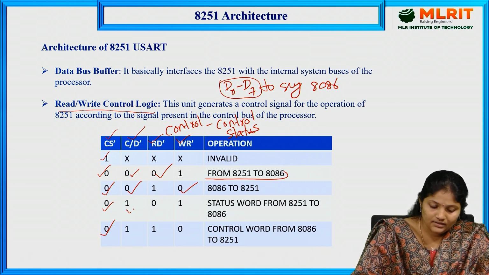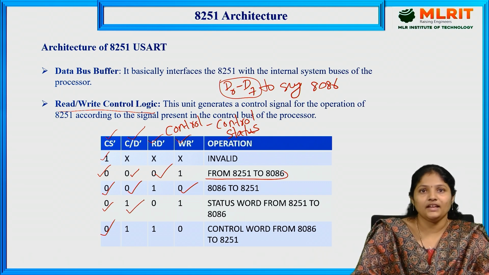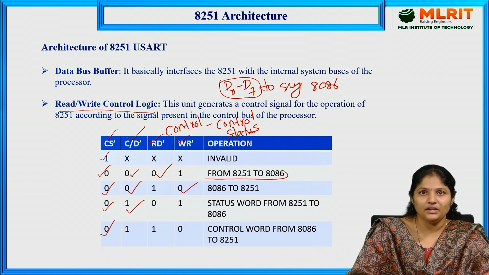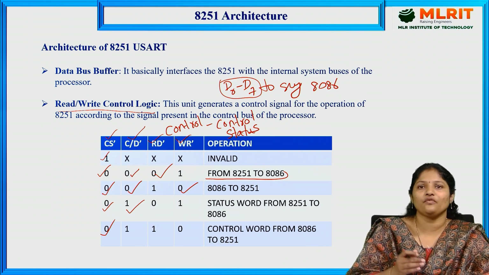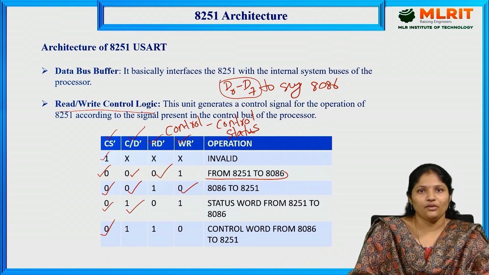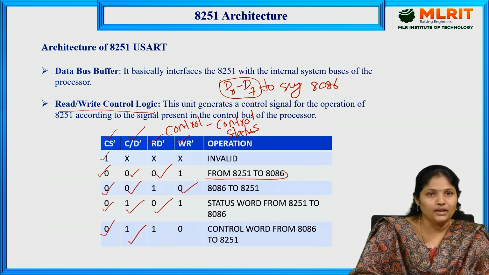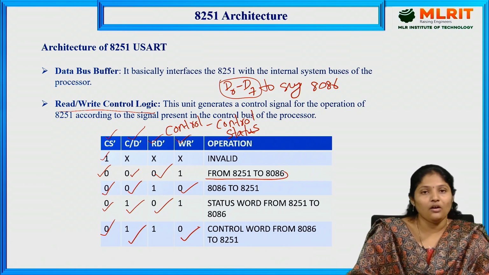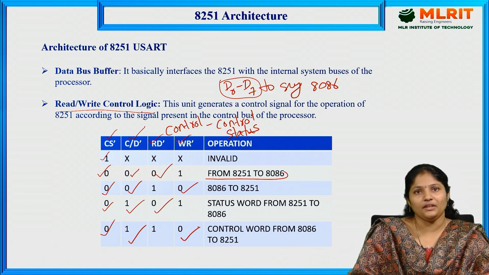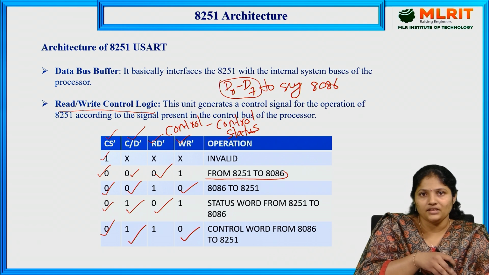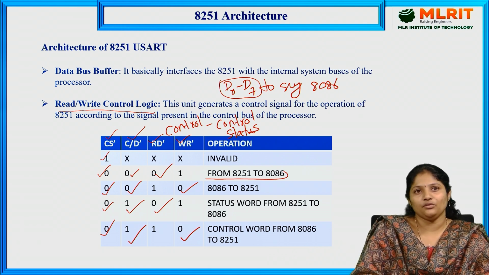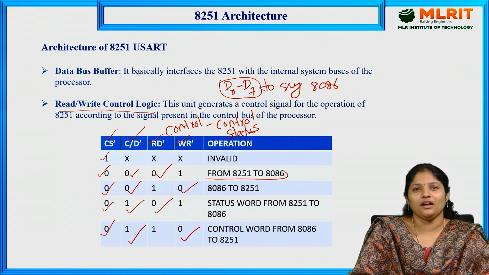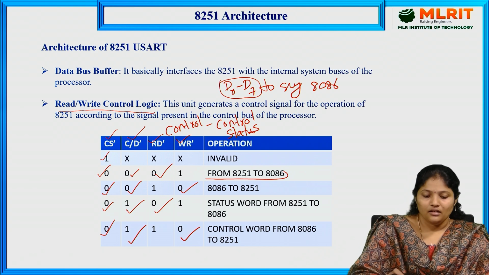Here if C by D bar is 1, then the status word will be read from the internal registers of 8251 to the 8086 microprocessor if RD bar is 0. If C by D bar is 1 again, the control word will be used, and if WR bar is 0, the write operation will be done, and the control word from 8086 will be written to the 8251 USART.